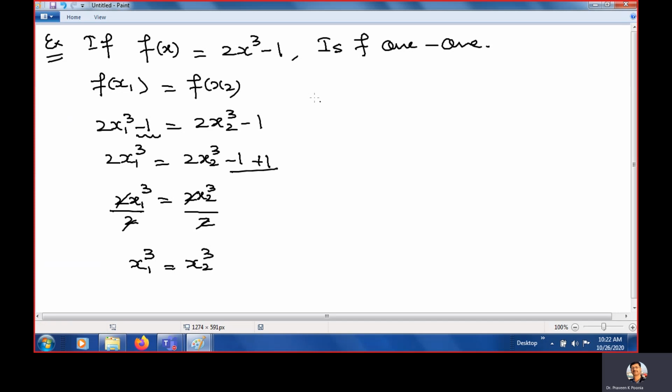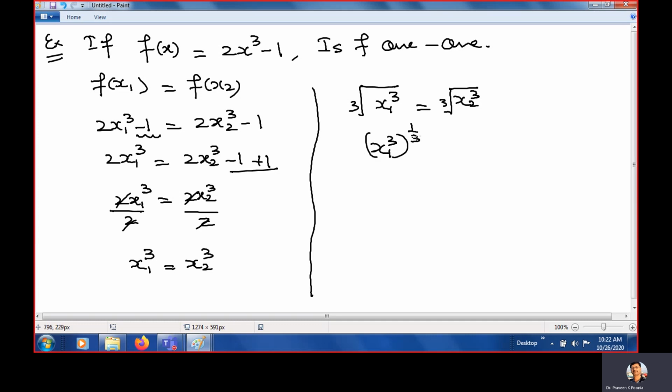Now you need to remove this power 3. How can you remove it? You need to take the cube root of it. x1 power 3 is equal to x2 power 3. So we take the cube root: (x1 power 3) to the power 1 upon 3 equals (x2 power 3) to the power 1 upon 3.